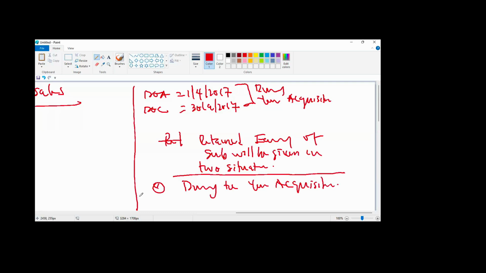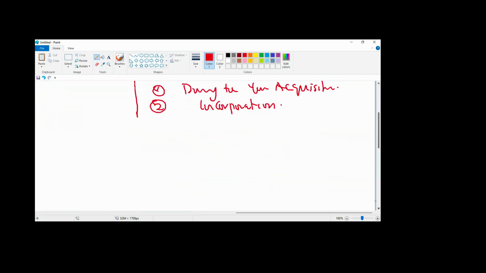Two, at incorporation. These two ways, nobody will give you retained earnings at the date of acquisition of subsidiaries.